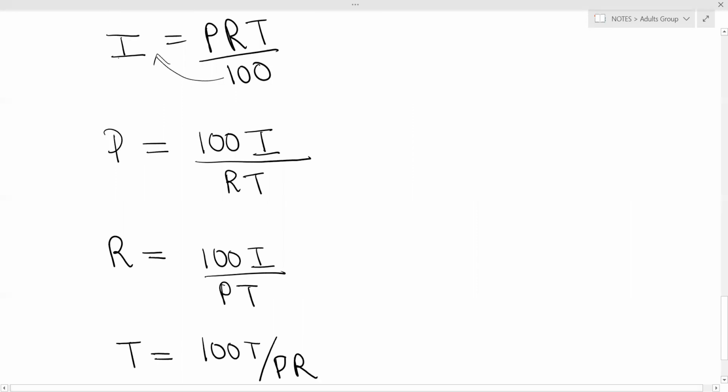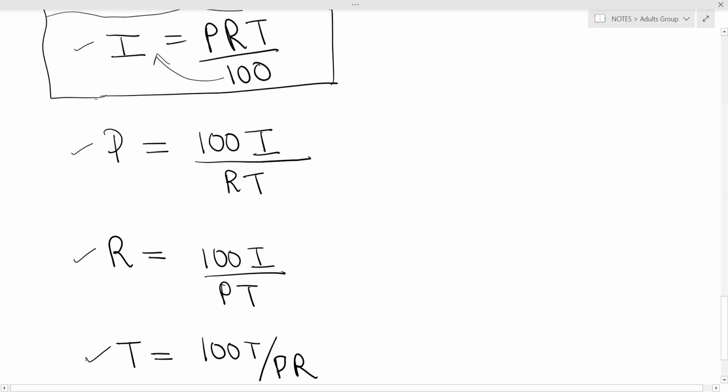So whether they ask you to find your interest, your principal, your rate, or your time, this is the foundation. This is the starting formula, and then you can make any one of them the subject of the formula.